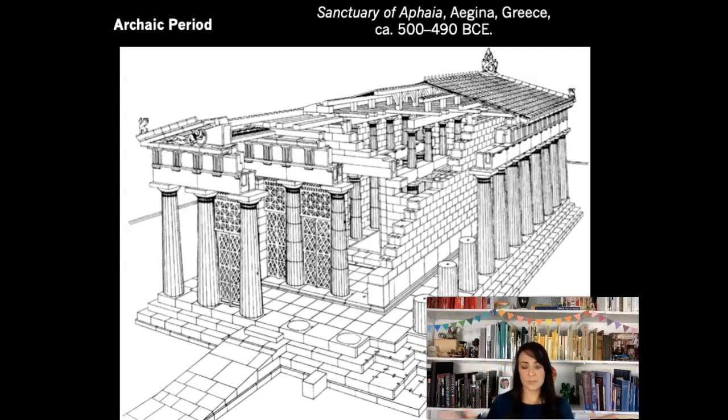This entire space would have been brightly painted, the architecture too. So the surface or the exterior would have these elaborate patterns and colors on it as well. I'm going to show you an artist's restoration of this temple in a little bit.